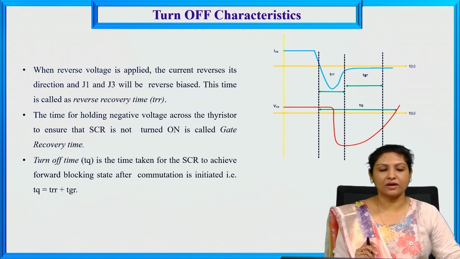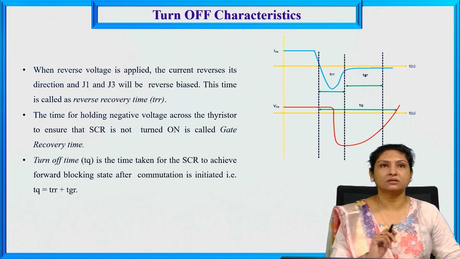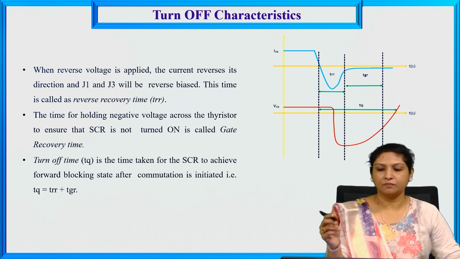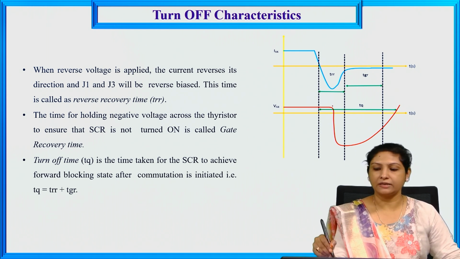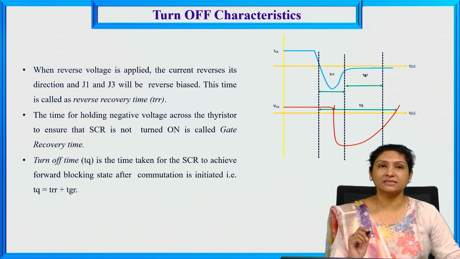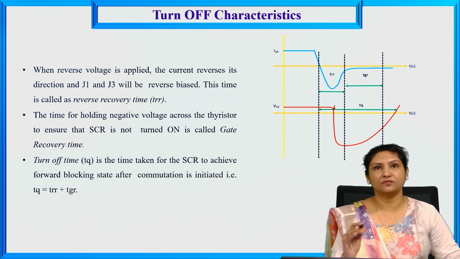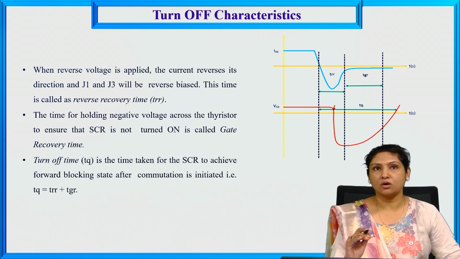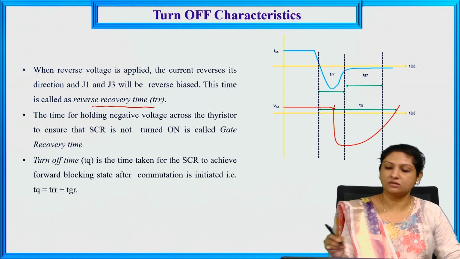And turn-off characteristics. Whenever the reverse voltage is applied at this instant, the current reverses its direction and junctions J1 and J3 will be reverse biased. This time is called reverse recovery time.